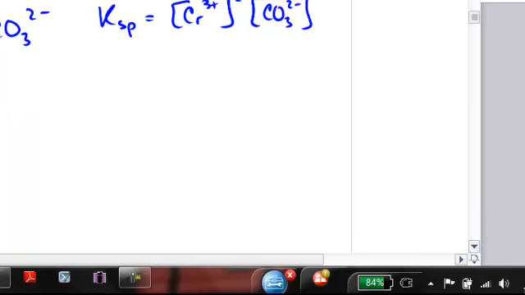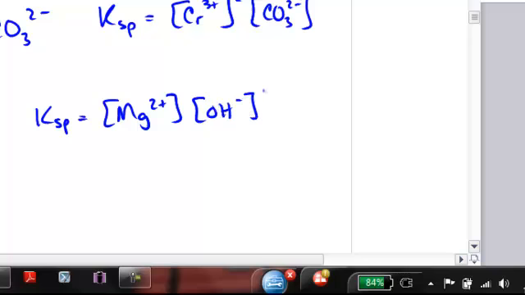Then we have magnesium hydroxide, which is Mg(OH)2, splits up into Mg2 plus and 2 OH negative, and the Ksp is the concentration of Mg2 plus times the concentration of OH negative squared.